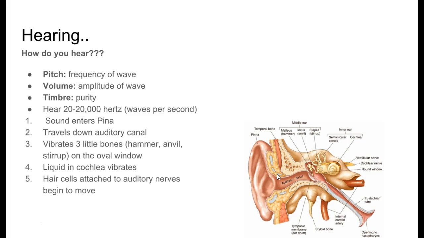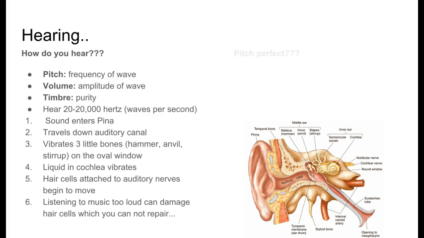These aren't the gross old hairs that your grandpa has hanging out of his ear. These are teeny, teeny tiny. And these hairs are connected to the auditory nerve, which then begins to move and send messages. Listening to music too loud can damage those microscopic hairs in the cochlea, and you cannot repair them once they have been damaged.